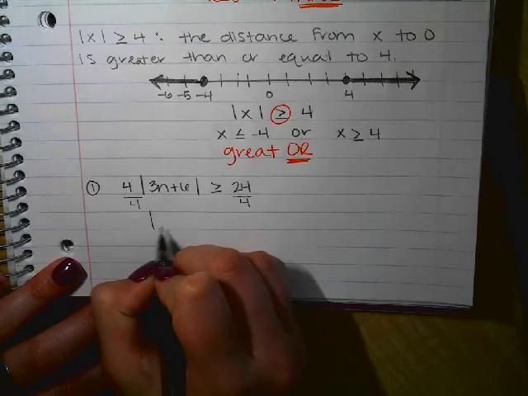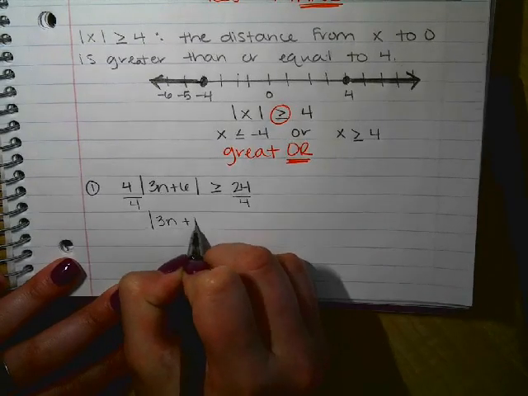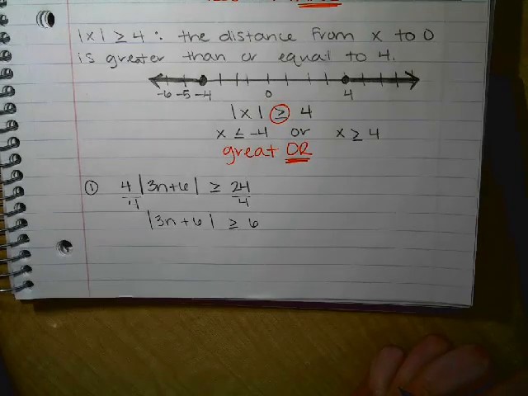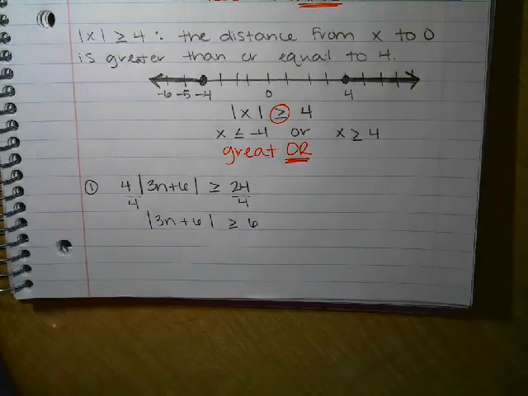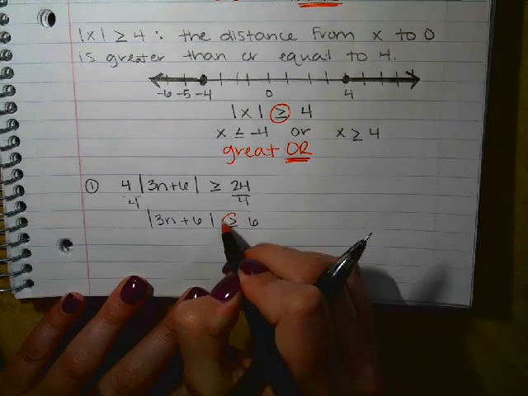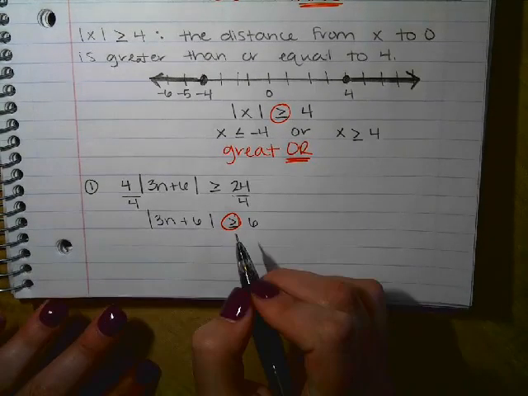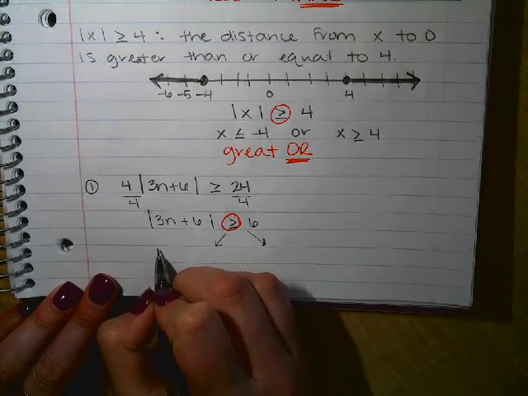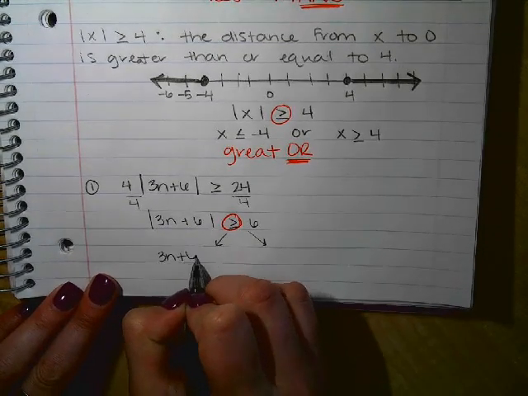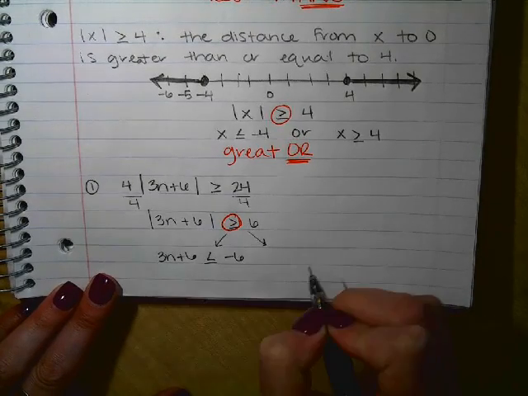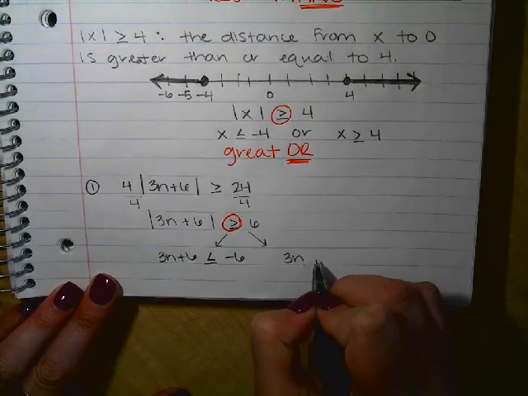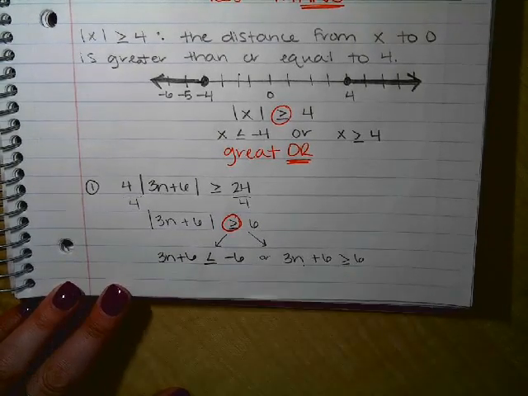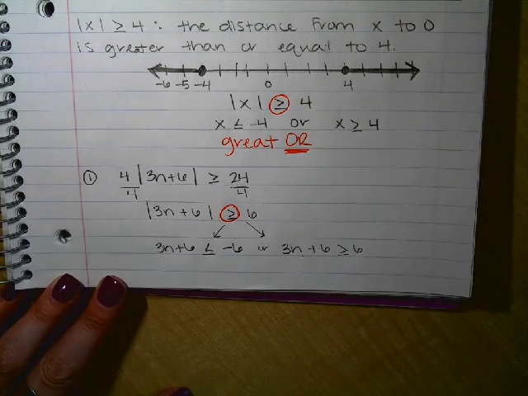I have the absolute value of 3n plus 6 is greater than or equal to 6. Now I consider the symbol. It is a greater than, so I set up two inequalities: 3n plus 6 is less than or equal to negative 6, or 3n plus 6 is greater than or equal to 6.